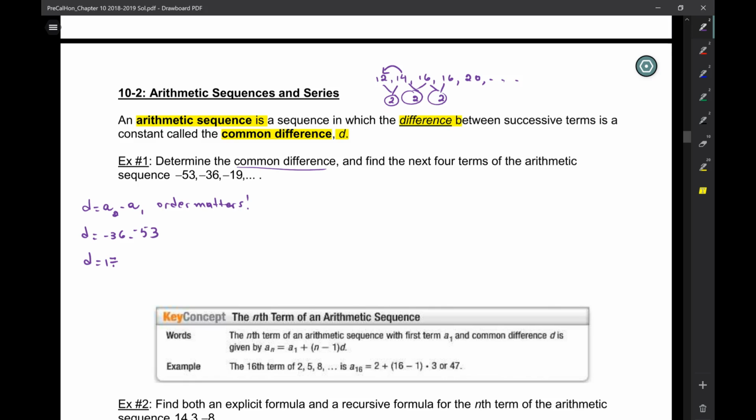So the next 4 terms are what? It's negative 19 plus 17, which is equal to negative 2. So then I have negative 2 and how much? 15, 32, and 49. Okay?